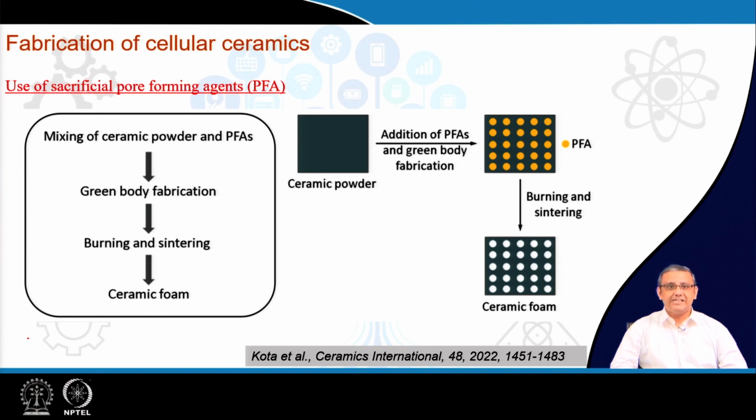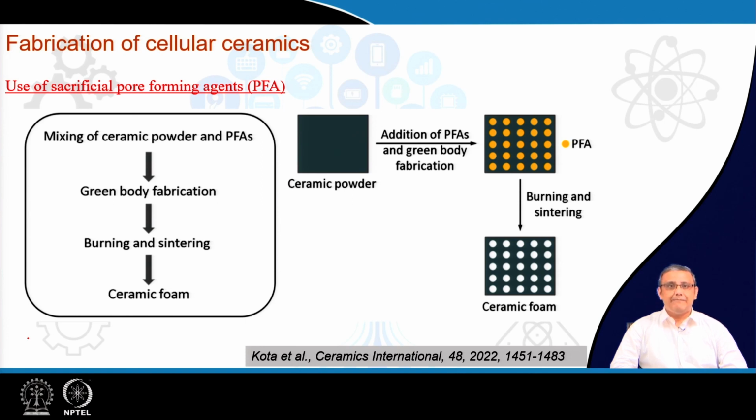So, the first step and one of the most important steps in this process is the mixing of the ceramic powders and the pore forming agents in a homogeneous manner. The word homogeneous mixing is very important, because if the pore forming agents are not mixed in a homogeneous manner, then they may agglomerate, and that will give rise to poor properties.